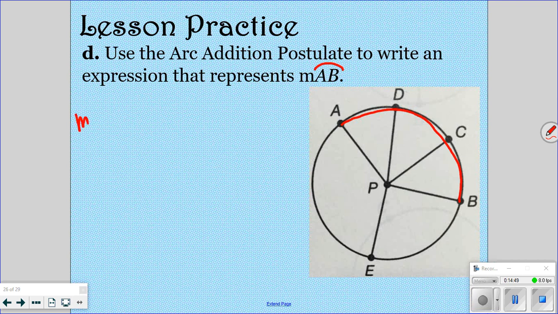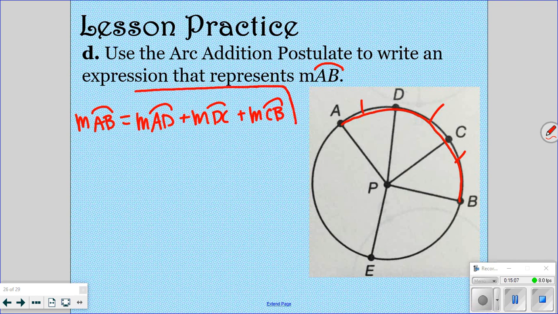So the measure of arc AB will equal the measure of this one, and this one. So the measure of arc AD plus the measure of arc DC plus the measure of arc CB. And so that would be your answer.